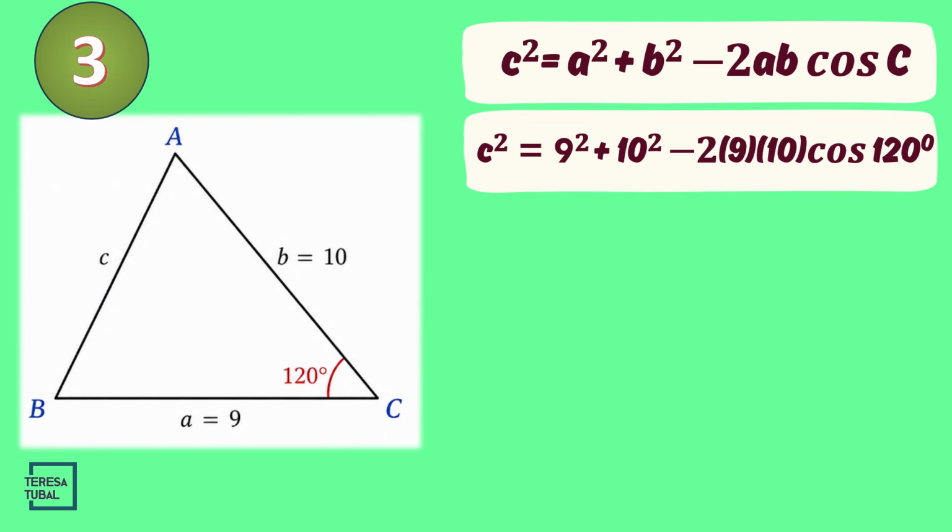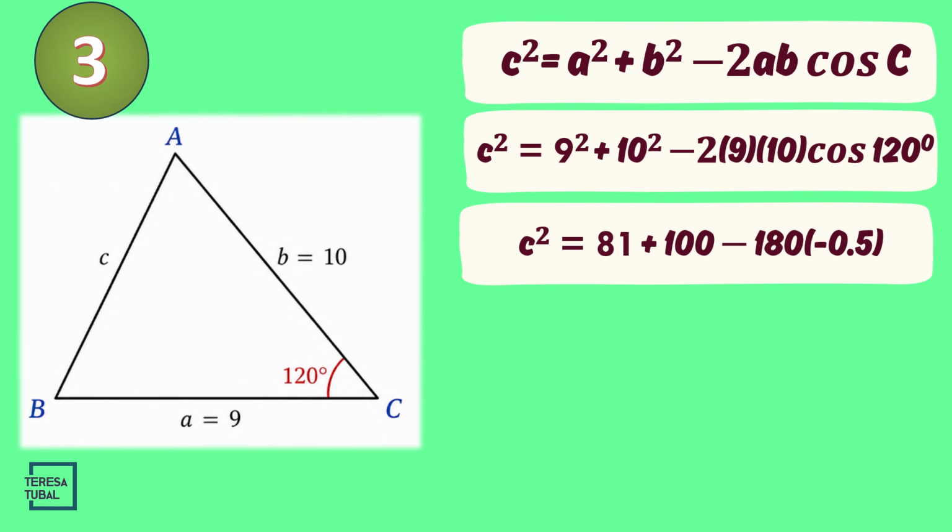So that becomes 9 squared plus 10 squared. Copy negative 2. The value for a is 9, b is 10, and cosine 120 degrees. 9 times 9, that is 81. 10 times 10, that is 100. Negative 2 times 9 is negative 18 times 10, that is negative 180. And then the cosine 120 degrees, that is negative 0.5.